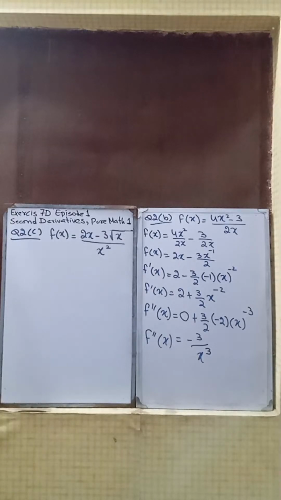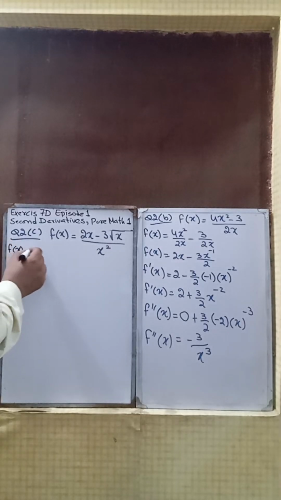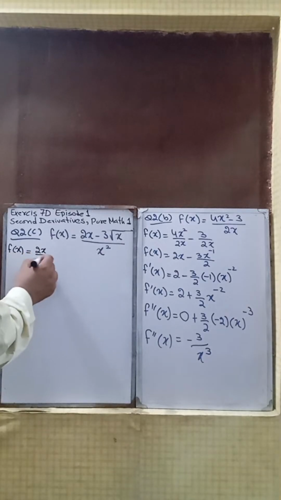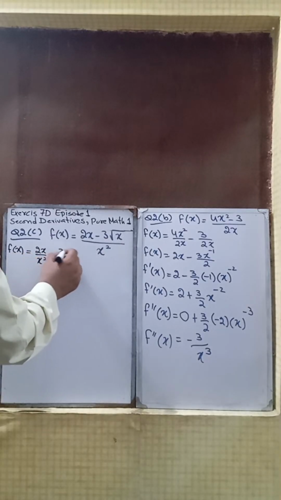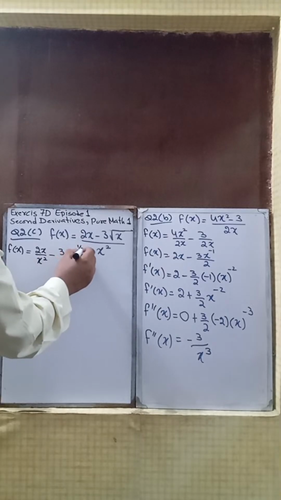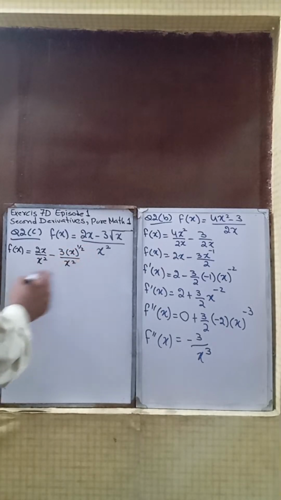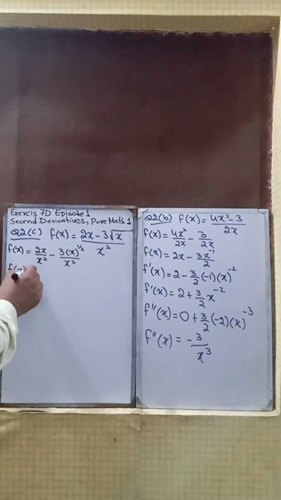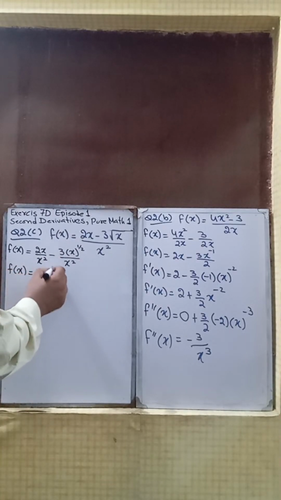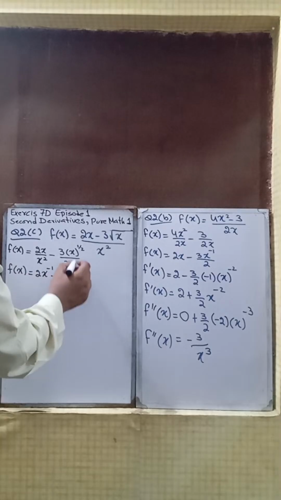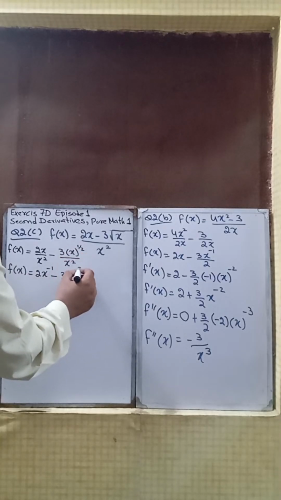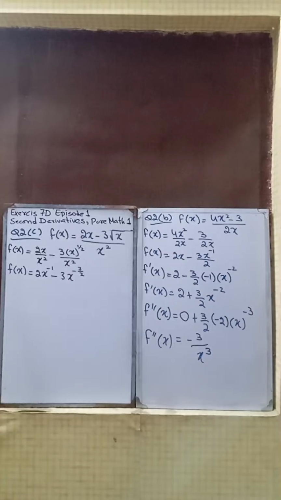First of all, I will make this shape a little simpler, and then I will be able to do it. F of x will be equals to 2x divided by x square minus 3, this is x raised to power 1 by 2, divided by x square. So this will become 2x raised to power minus 1 minus 3x raised to power 1 by 2 minus 2, that is minus 3 by 2. Okay. Now I will find its first derivative.